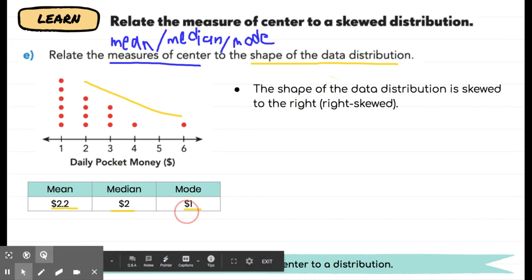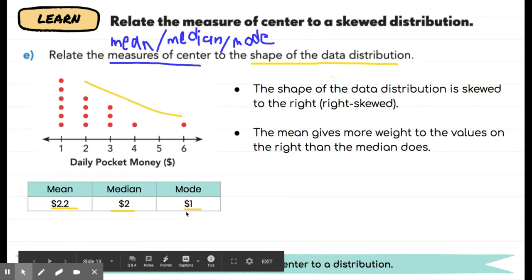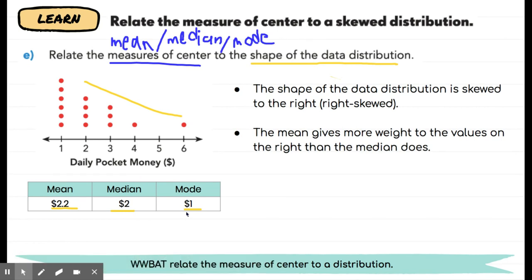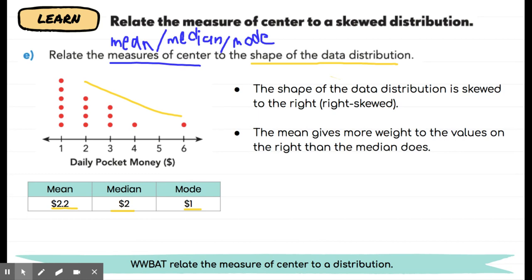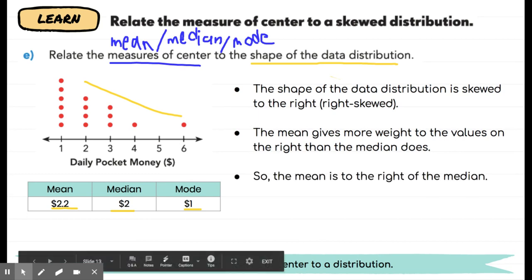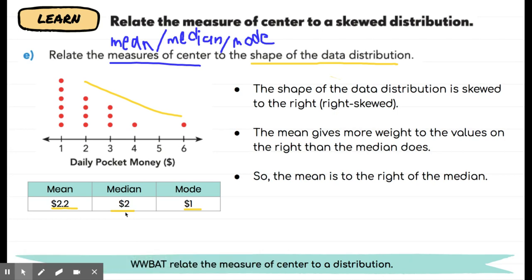You can say that the mean gives more weight to the values on the right than the median does, because there are extreme values to the right. So it caused the mean to be placed to the right of the median.